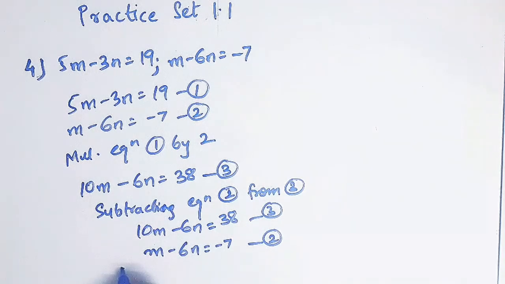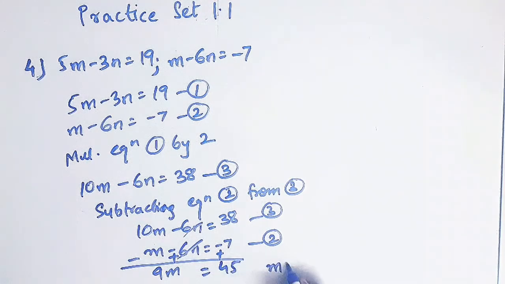Now because we are subtracting, this sign will get changed. Okay, what is 10 minus 1? It is 9m. This will get cancelled, and 38 plus 7 is 45. So you get m equals 5. 45 upon 9 is 5.